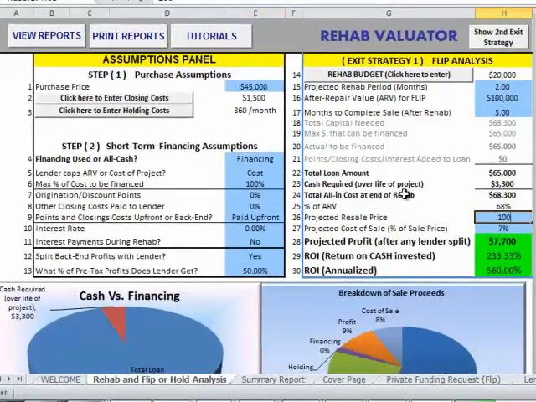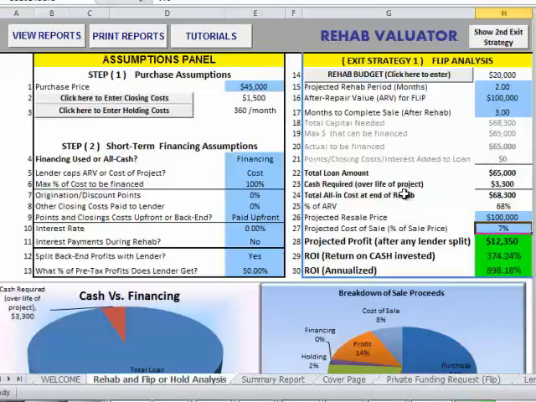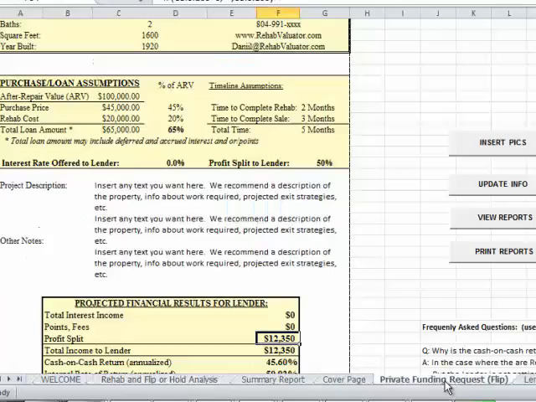So now, with the equity-only route and splitting profits 50-50 with them, if you don't make money on the deal, they don't make a penny. You guys are both invested. So you, assuming you sell at $100,000, you make $12,000. And guess what? Your private lender makes $12,000 as well.